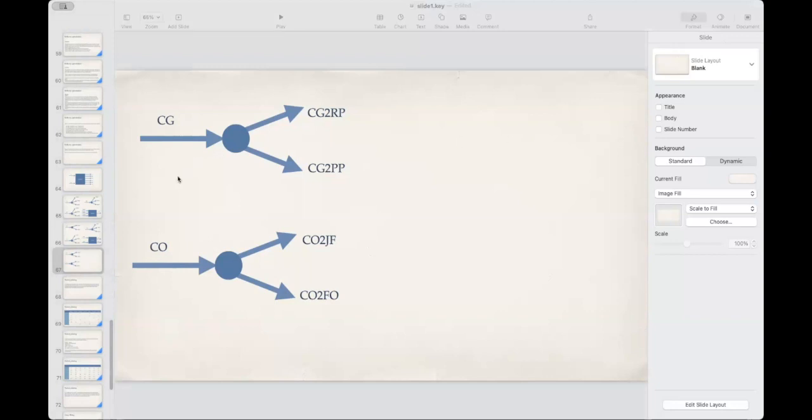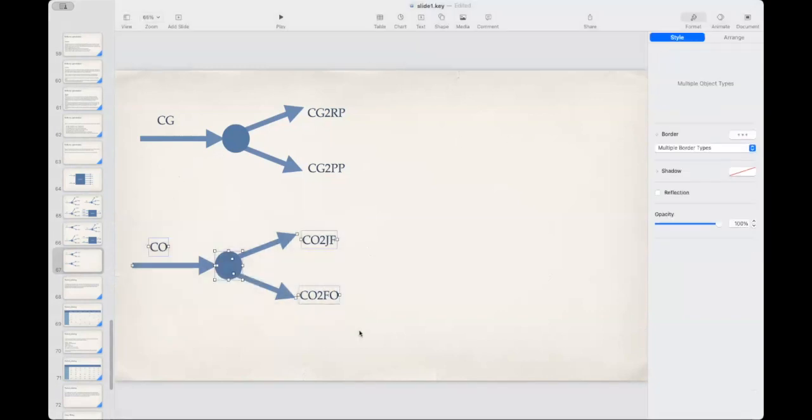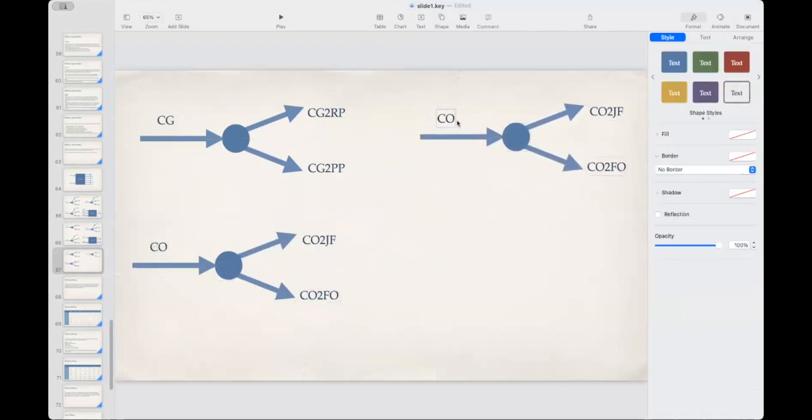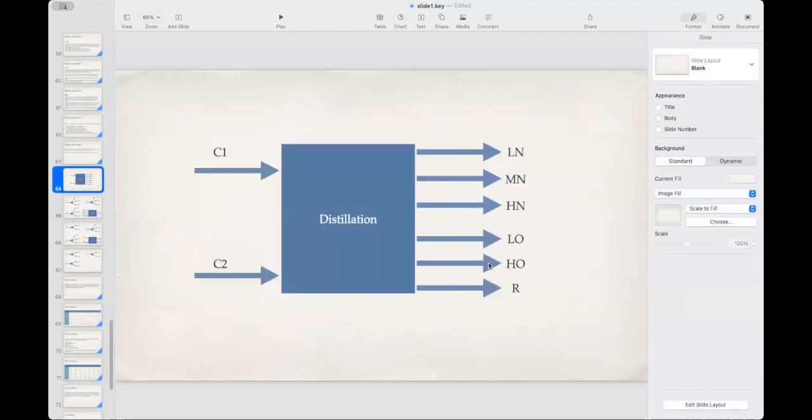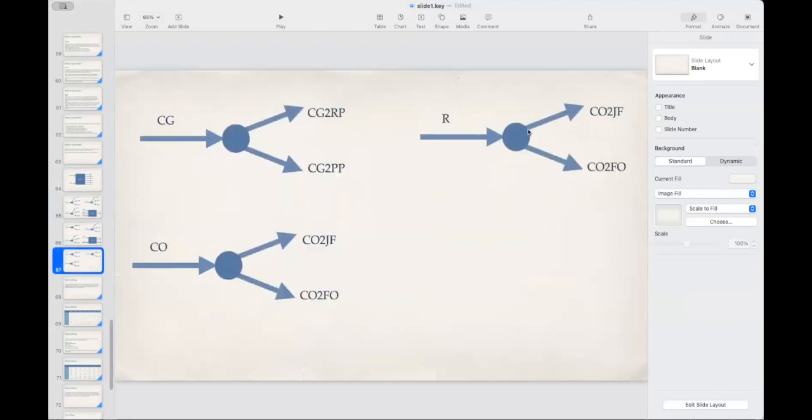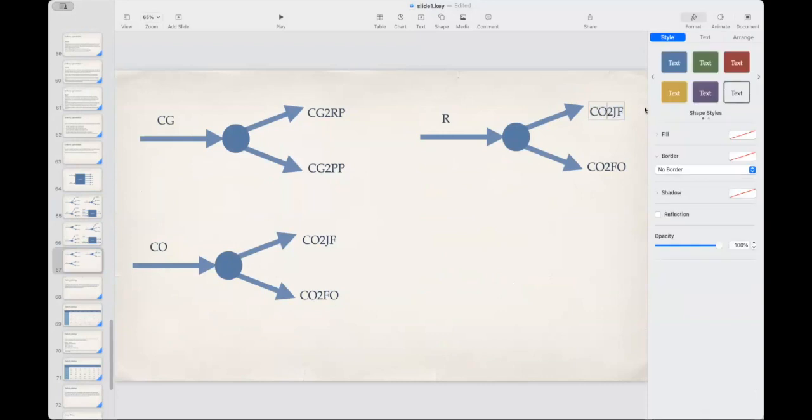We have crack gasoline, crack oil, and then what should we consider next? Residue, because residue can be a product from the distillation, we have R. We produce residue here. So residue, we can blend residue to jet fuel and blend residue to fuel oil.